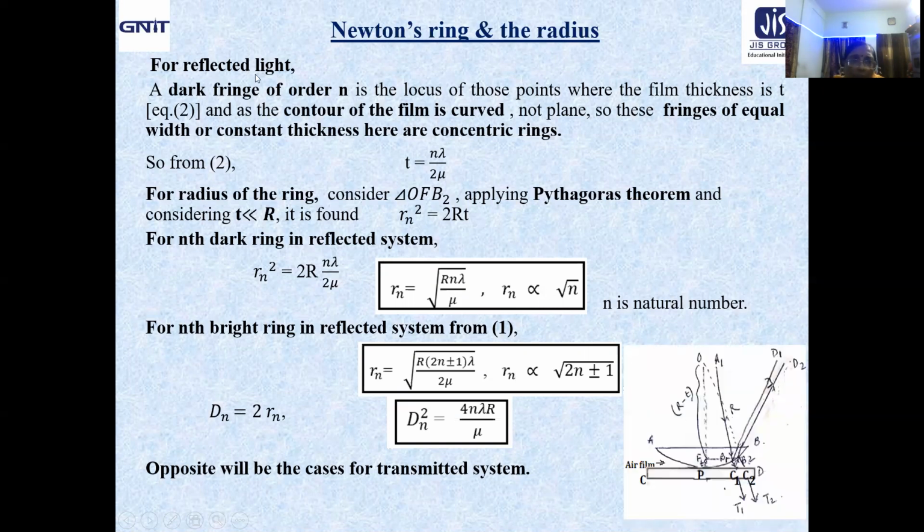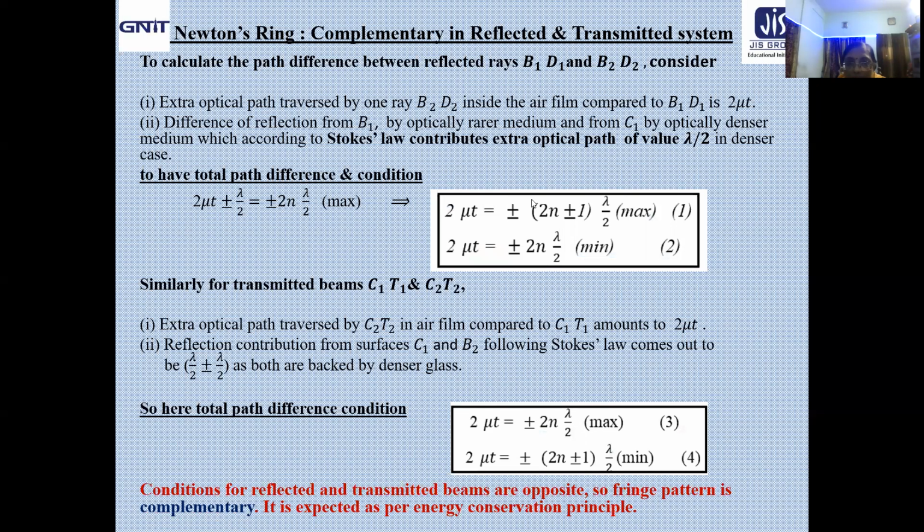Now, we are concentrating on reflected light because you can get the transmitted one as a complement, as already mentioned. A dark fringe of order n is the locus of those points where the film thickness is T. From where will you get it? Just take a look.